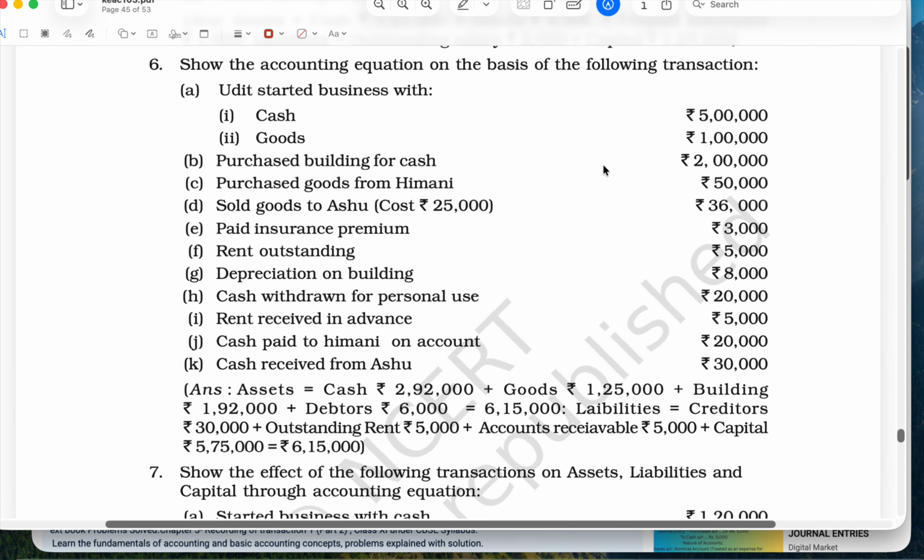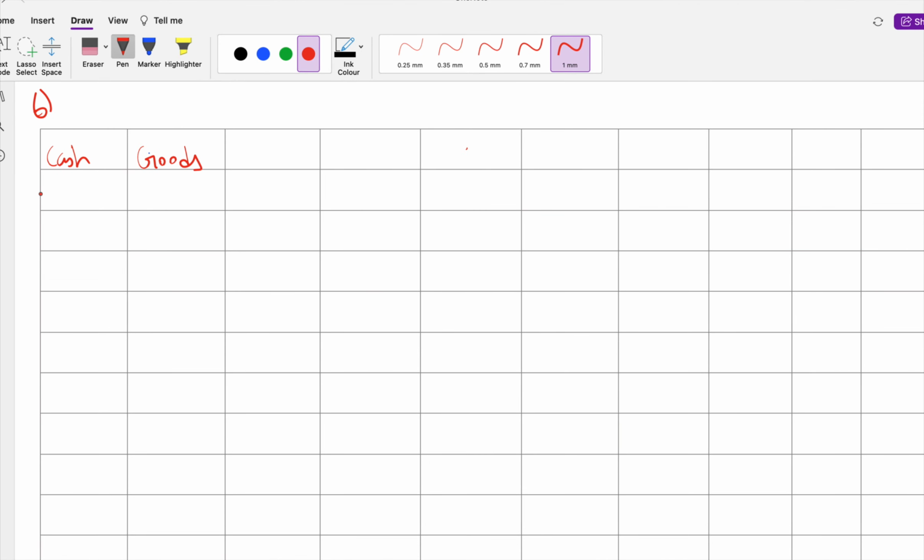So cash 5 lakh, goods 1 lakh. So A, cash 5 lakh and goods 1 lakh. This is coming in as capital. So we'll write the total, which is 6 lakhs.